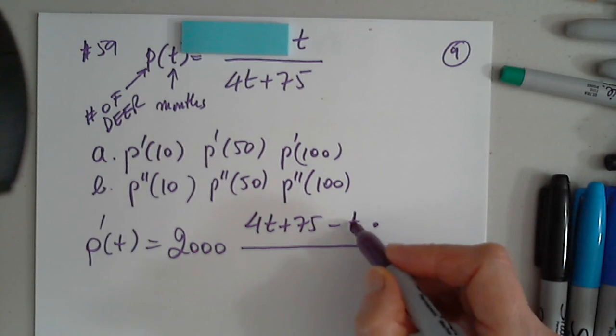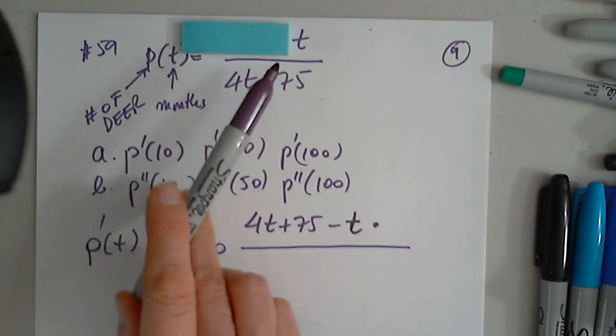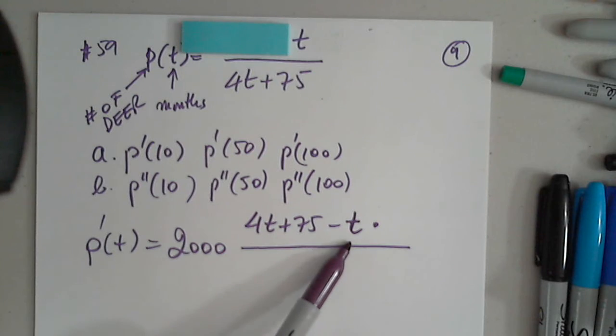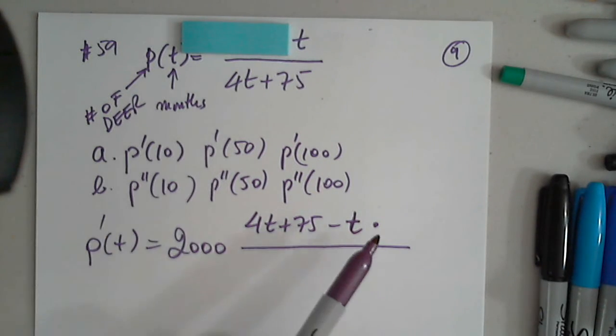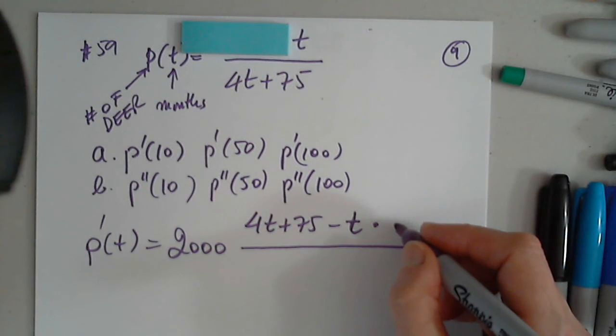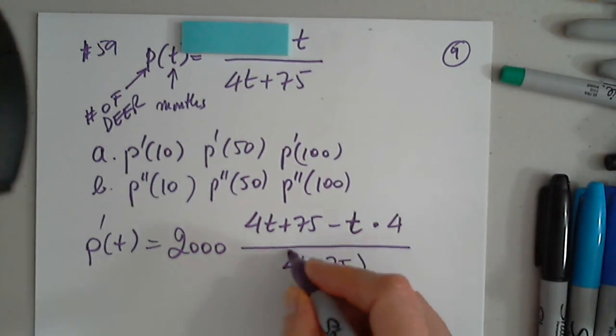This one. Minus t. So the top function prime is 1 times the denominator minus the top function times the denominator prime. 4. Thank you very much. So 4t plus 75 squared.